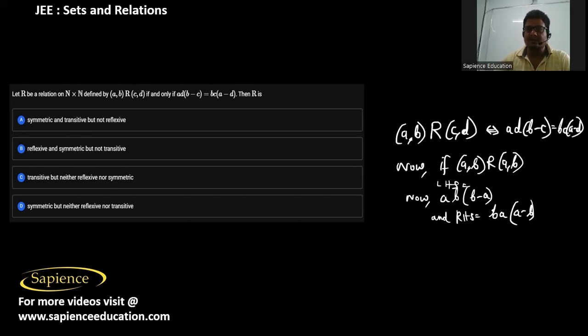So obviously they are not the same, since the right hand side is the negative of the left hand side. Therefore the relation R is not reflexive.